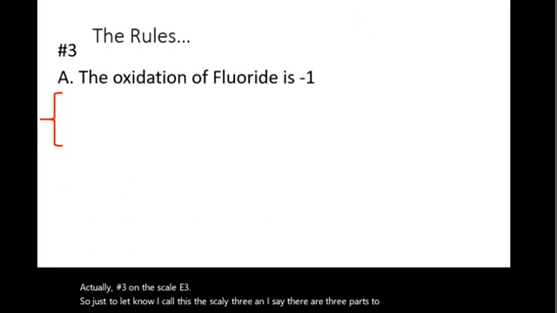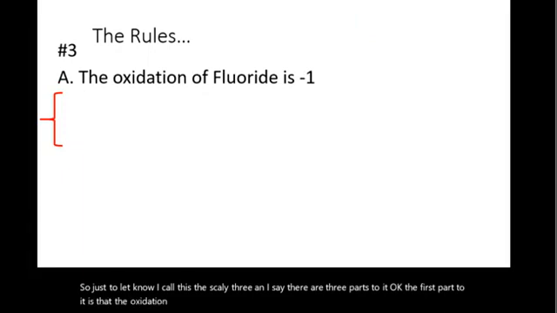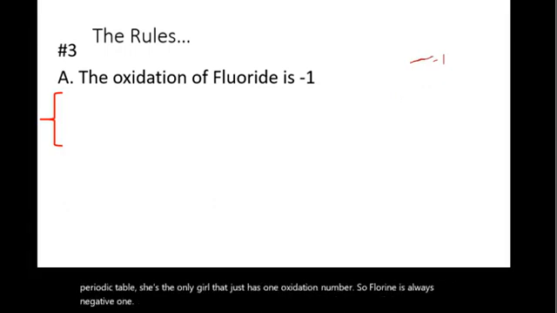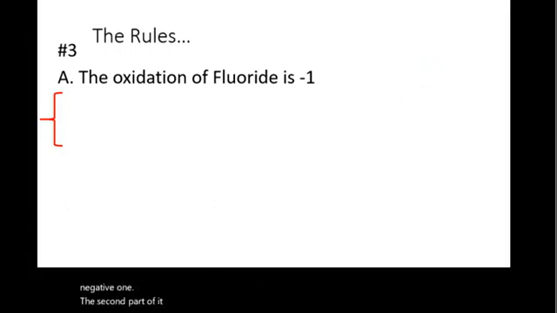Okay, the first part to it is that the oxidation number for fluorine is always -1. And if you look at our periodic table, she's the only girl that just has one oxidation number. So fluorine is always -1. The second part of it I've kind of grouped together because in my mind I would like rule number 3 to just have 3 parts.